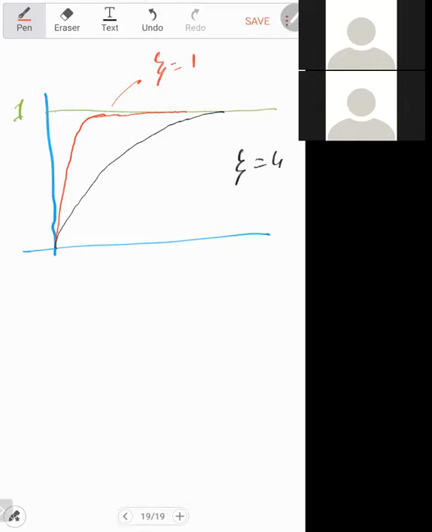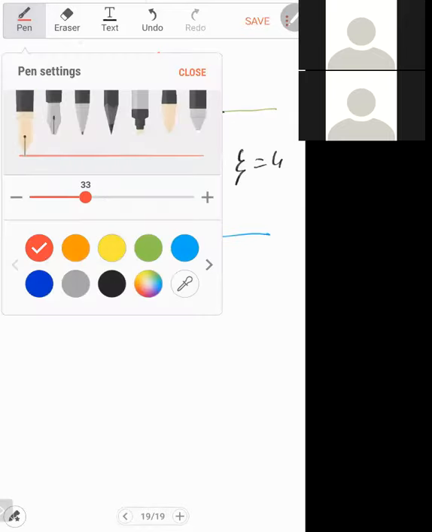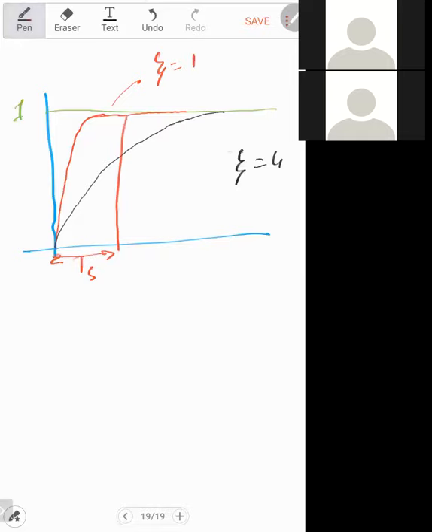You see the rise time will become minimum. The settling time is also improved. So this is the settling time, which improves compared to this one, where the settling time is more. So you are improving the settling time.